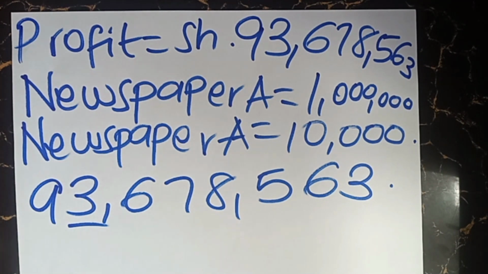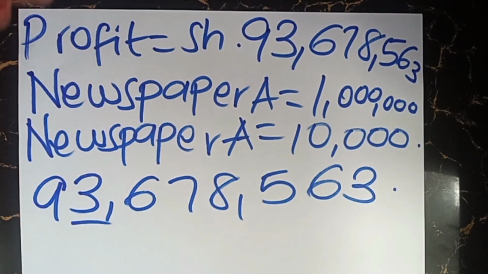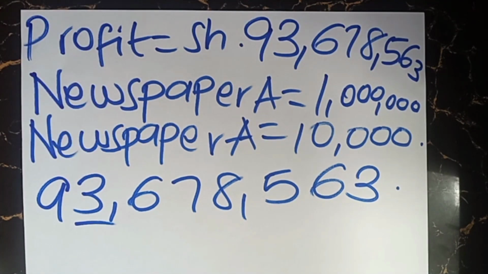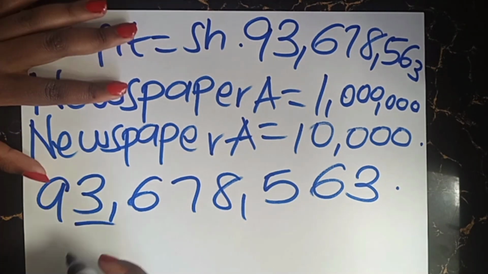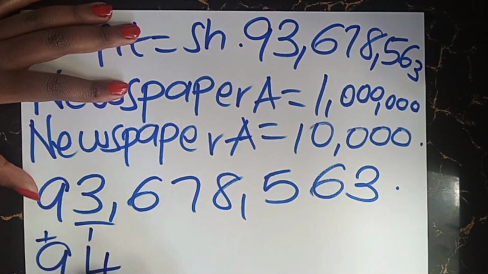If it's more than 5, we add a 1. Are you together? So, is 6 more or less than 5? 6 is more than 5, so that means we'll add a 1 to the 3. So our rounded off number will look like this.